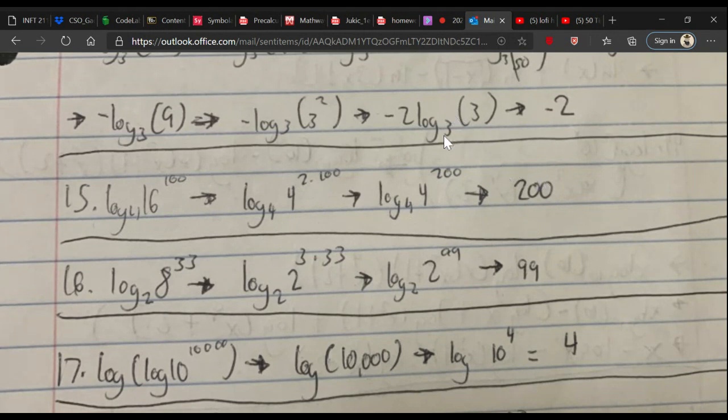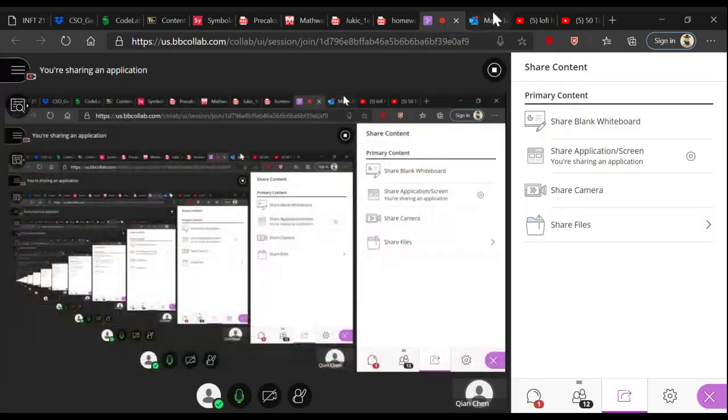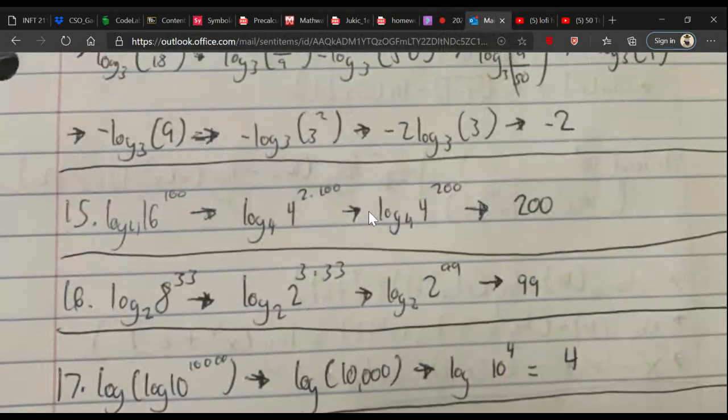Let me see. I cannot write on yours. So this 200, the exponent comes up front of the log, right? If you can write one more step, the third term, log base 4 of 4 raised to 200. I'm writing in the chat.